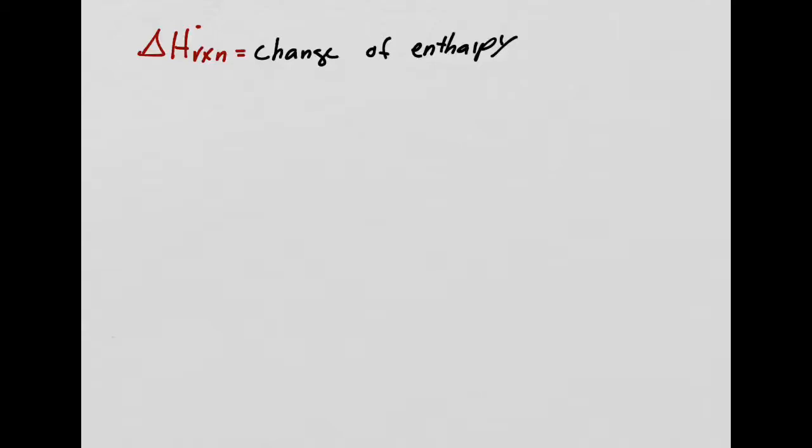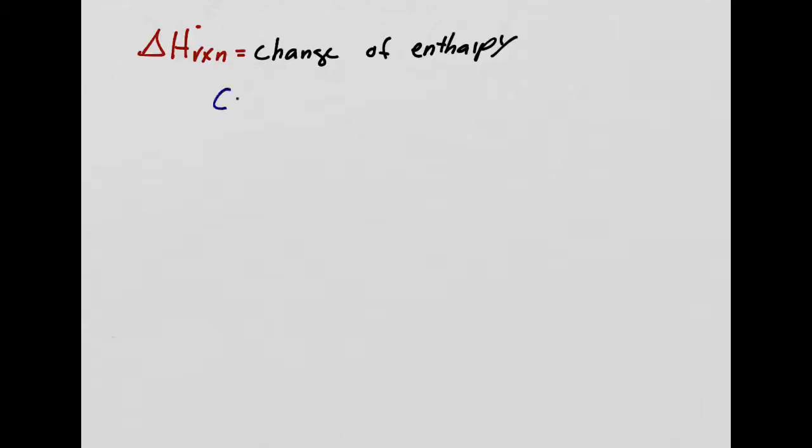You demolish and you build a house for $200K and you sold the house for $450K. What is your net profit? Your net profit is $250,000. That's your net profit. That's exactly the way to look at delta H of the reaction.